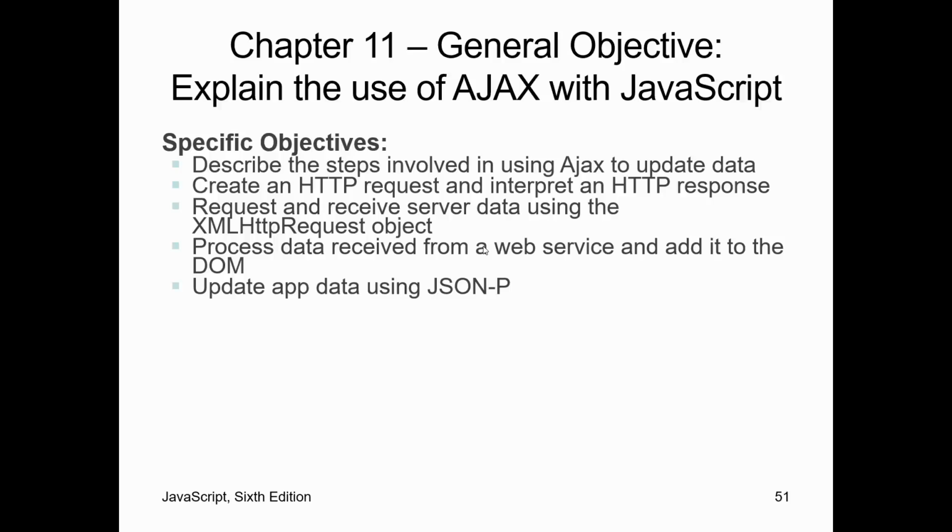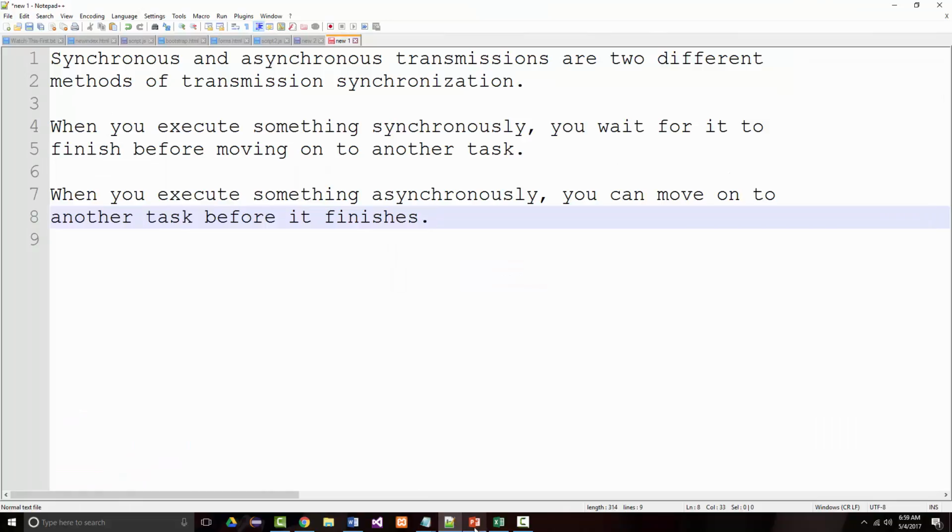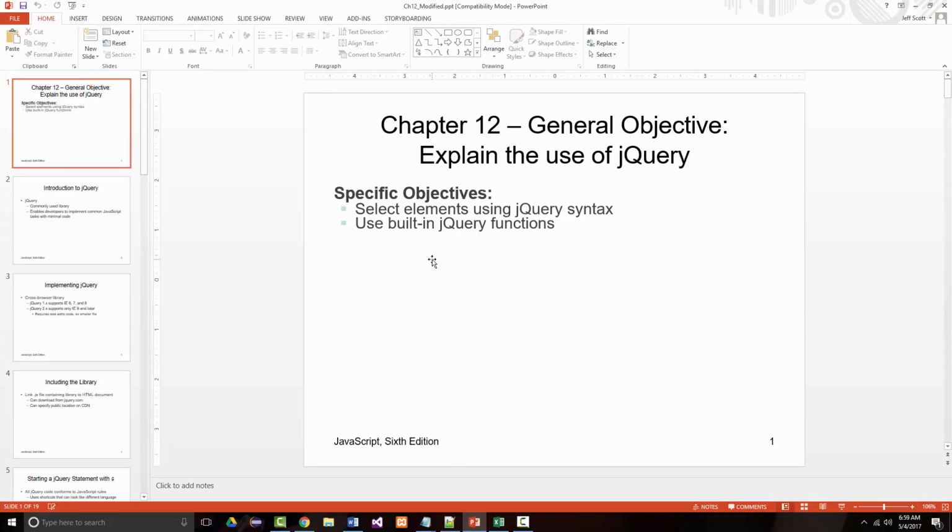We talked quite a bit about the XMLHttpRequest object, and how you process data received from a web service. I gave you my own example. And I just skipped over the JSONP stuff.